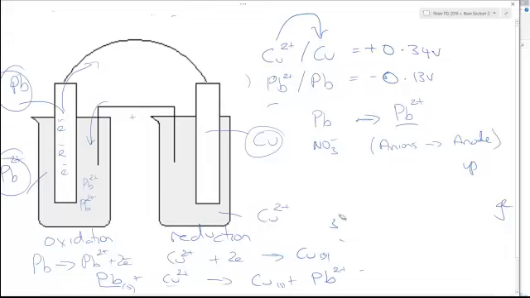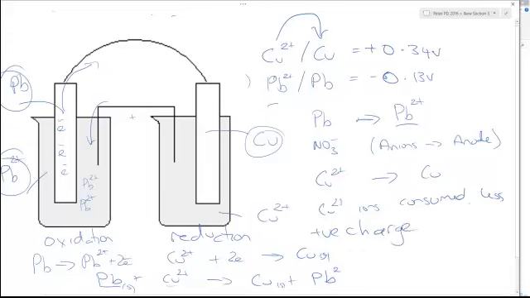And on the right hand side, what's happening is copper 2 plus is forming solid copper. So copper 2 plus ions are being consumed. It means there's less positive charge, and that really means that effectively there's more negative charge if you're taking away the positives.